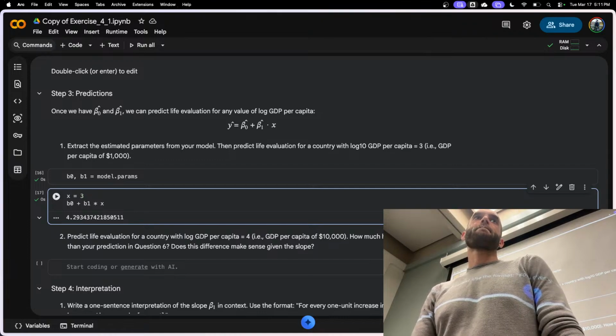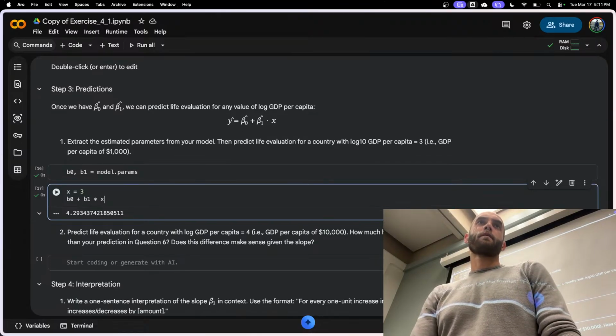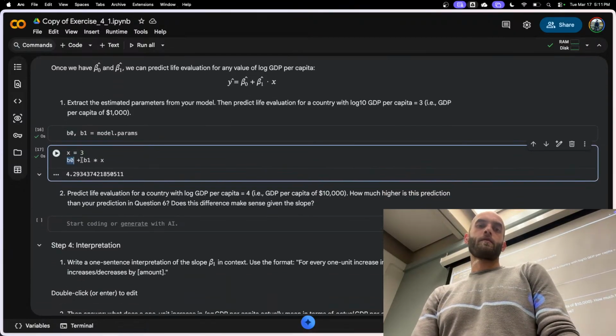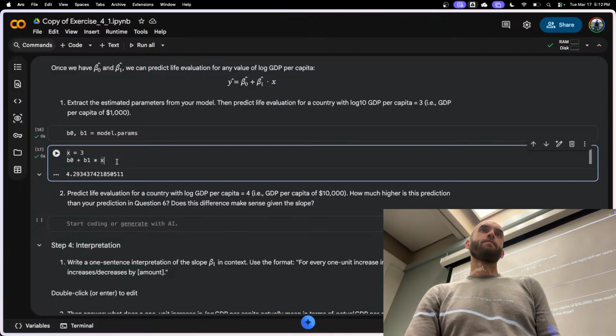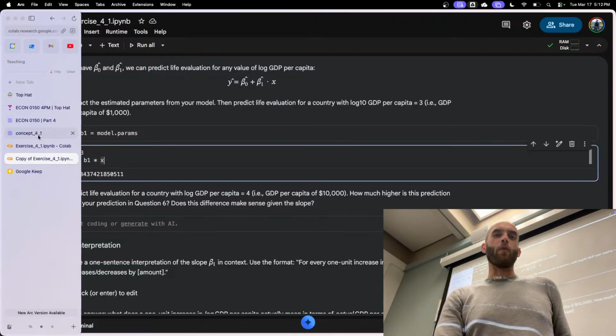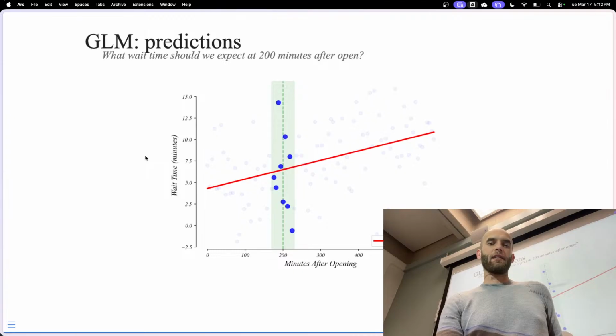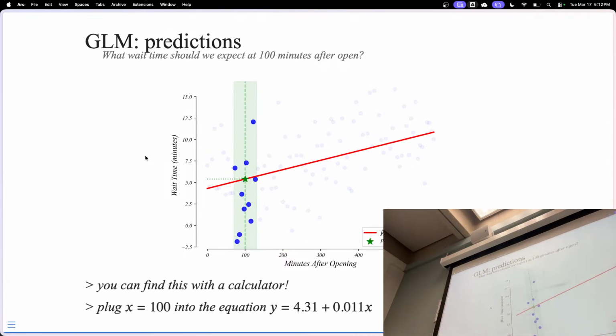You said that by doing B0 plus B1 times x, you get the estimated what? Can you re-explain what that is? Yeah, so the picture I want in your head is this: we're plugging the x value into the model to get the prediction. In this case, the x value is 3.